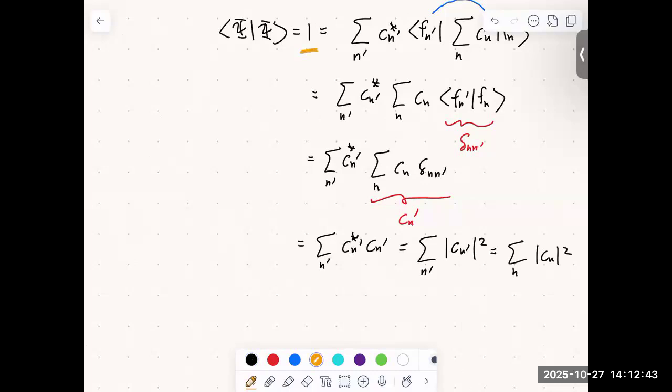So this 1 must be equal to this last result. And so therefore, as we wanted, these Cn squared probabilities are going to sum to 1. So our probability sums to 1.